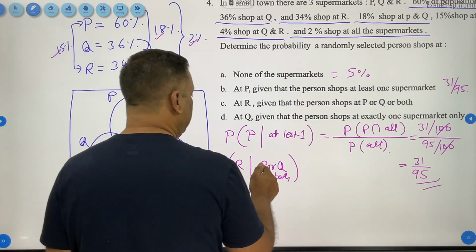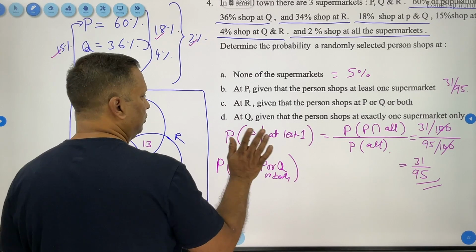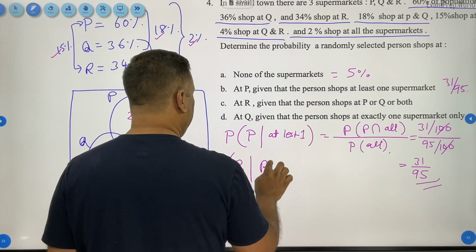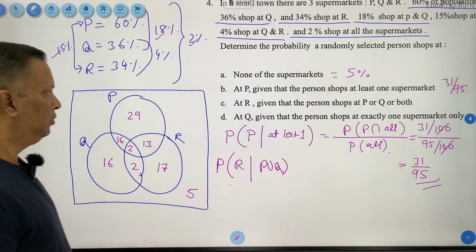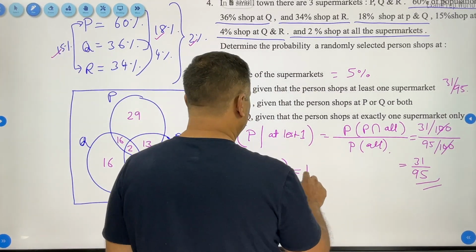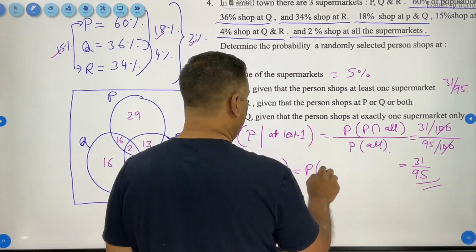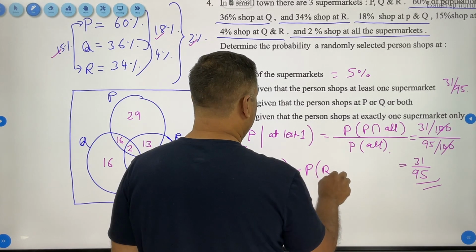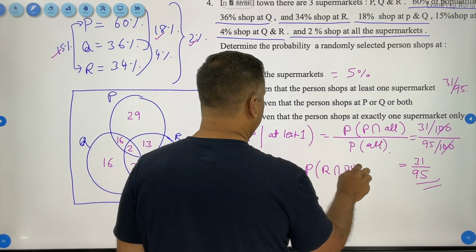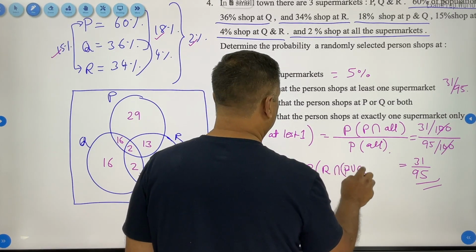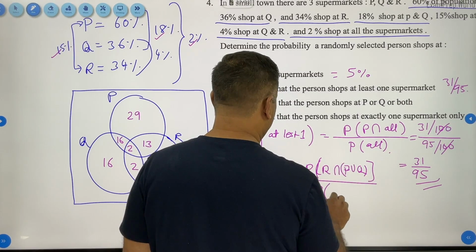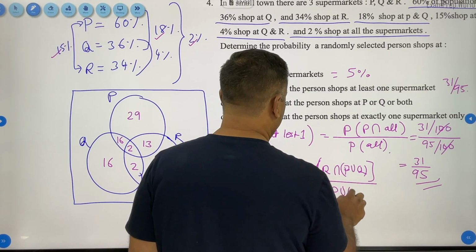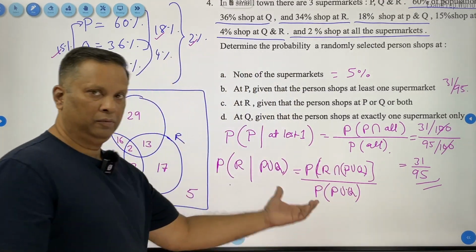So that means P union Q. So I will write it as P union Q. Okay, better. So the formula is P of R intersection P union Q, by P of P union Q. Correct? So the formula is done.